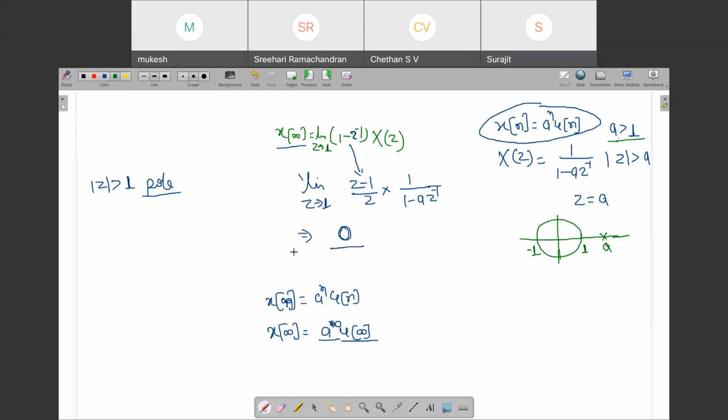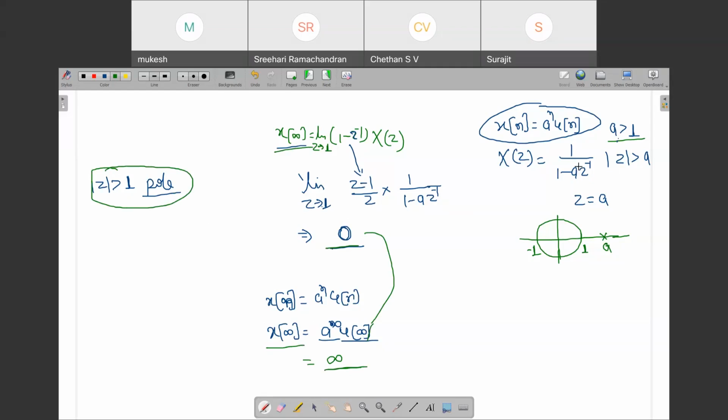In this case it is greater than 1, so it will become infinity. So based on the final value theorem we got 0, but based on the time domain signal we are getting infinity. The reason we are getting different numbers is that the pole of this x of z was outside the z equal to 1 circle.